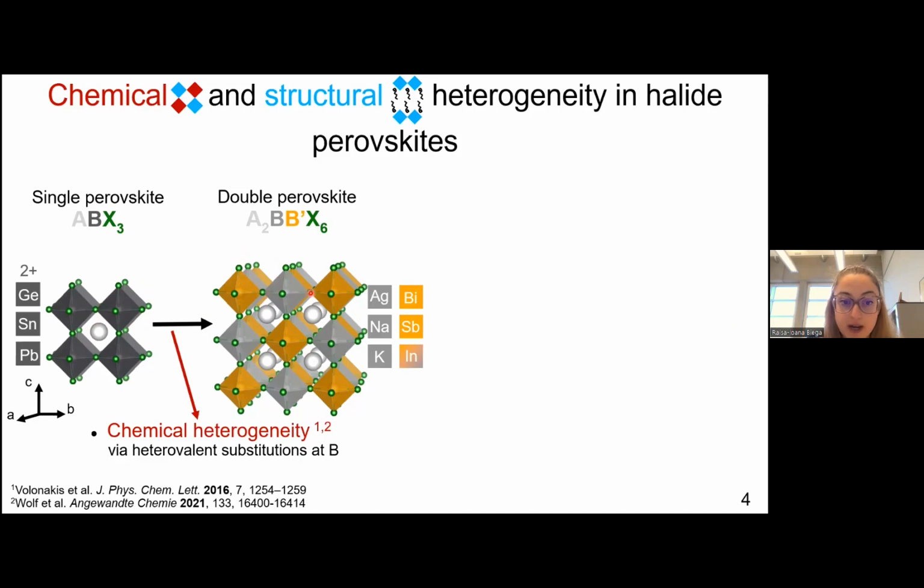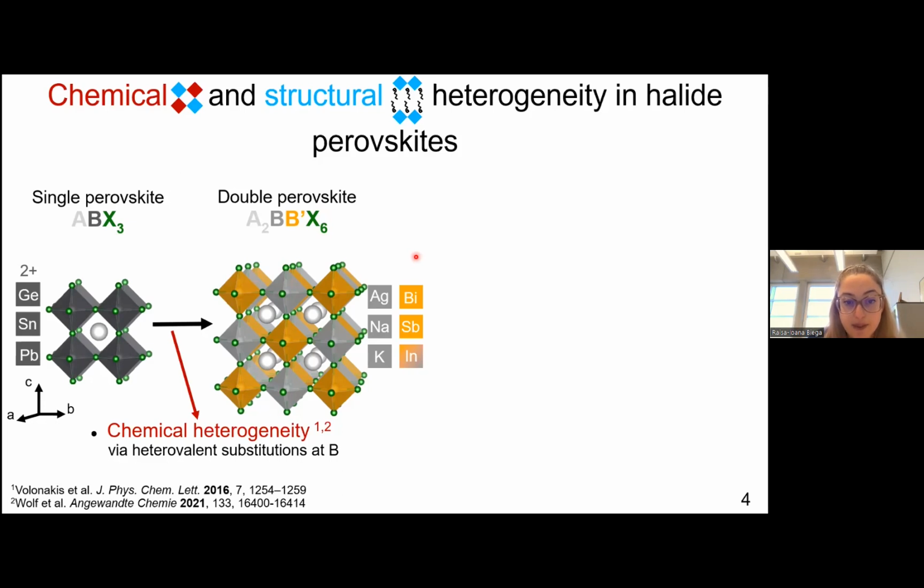And then you have now in the crystal structure alternating octahedra. Then the formula is now A2BB'X6, where B and B' are the two metal sites. And this alternating octahedra pattern basically introduces chemical heterogeneity into the system.